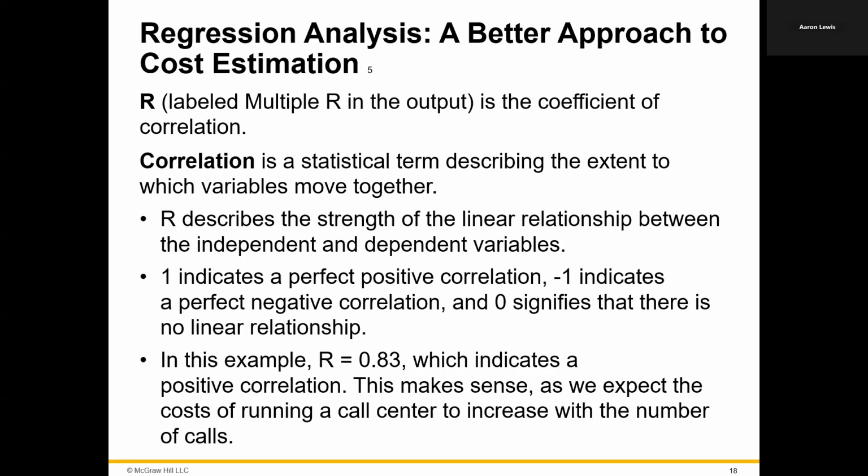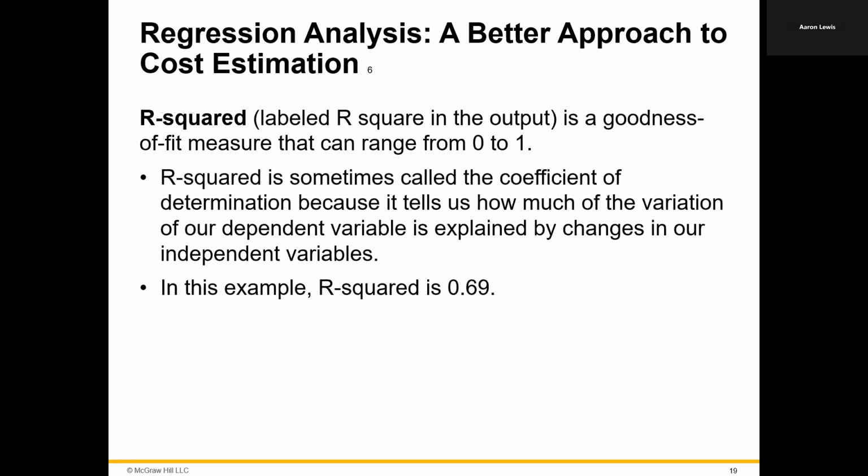There are other factors besides that that are causing the call center's total cost to change on top of the number of calls they field. R squared is a better measure in this case of determining how well using that formula as your predictor will fit actual outputs to that line.